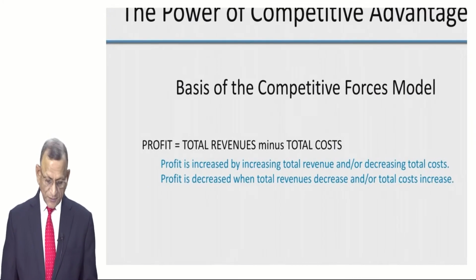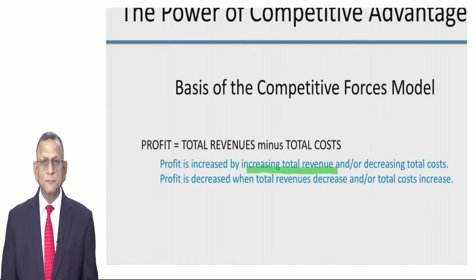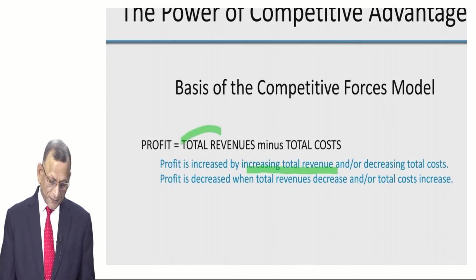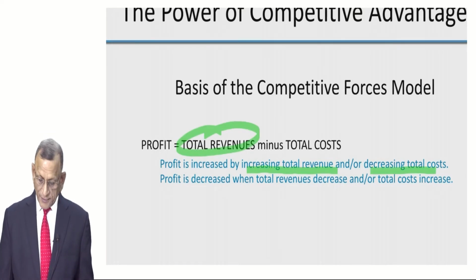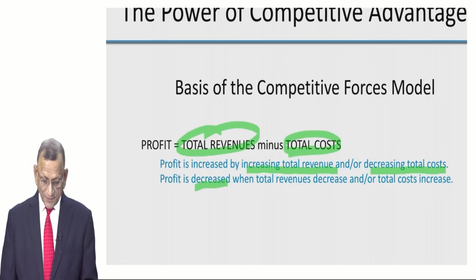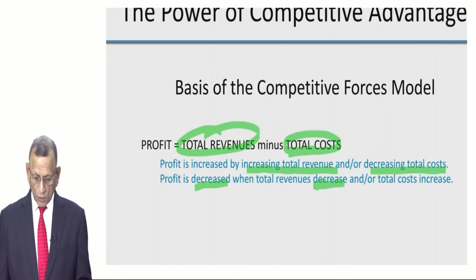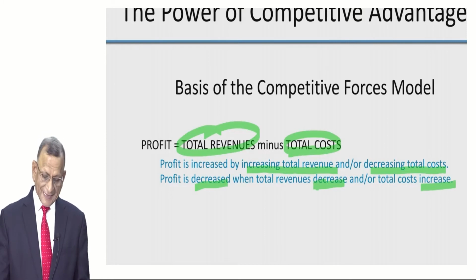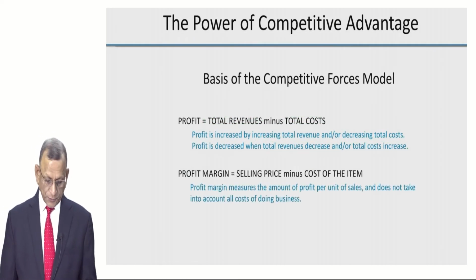Profit can be increased either by increasing total revenue, because if this is increasing, then your profits will increase, or by decreasing total cost. If this is going to reduce, then obviously your profits will increase. Profit is decreased when the total revenue goes down or the cost increases. This is something very simple which we understand being a commerce student.